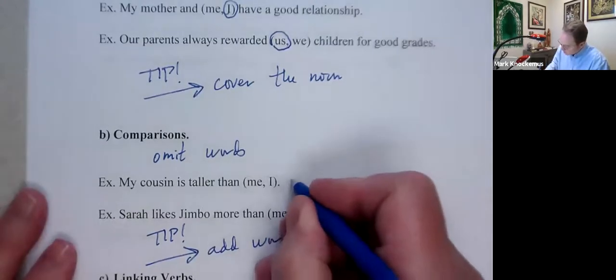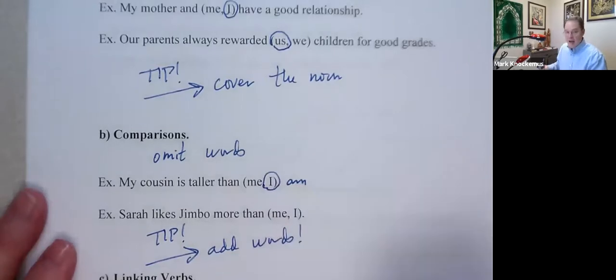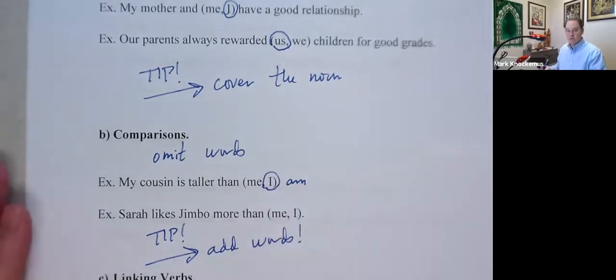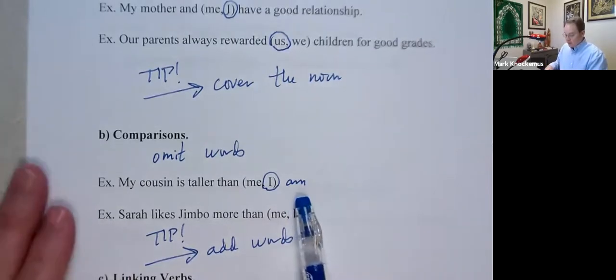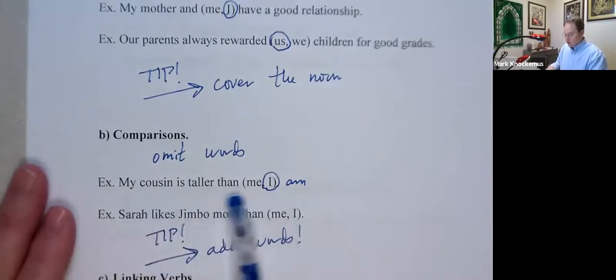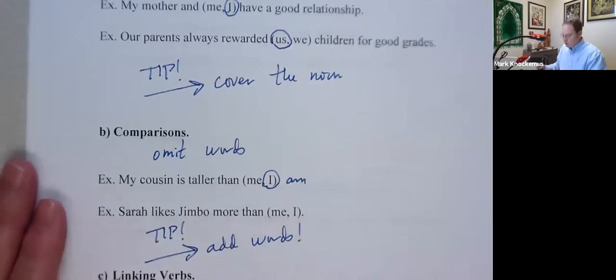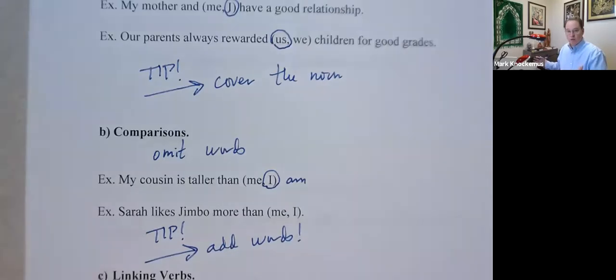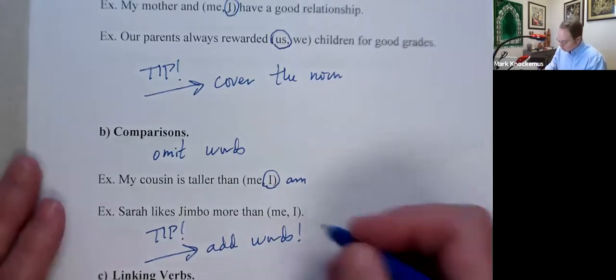My cousin is taller than I am. So my cousin is taller than I. Now, if you're saying that sounds funny, guess what, guys? It's correct. If you don't like having my cousin is taller than I, then leave the words in that you're omitting. Sarah likes Jimbo more than what? What words did we omit? Sarah likes Jimbo more than blank blank.